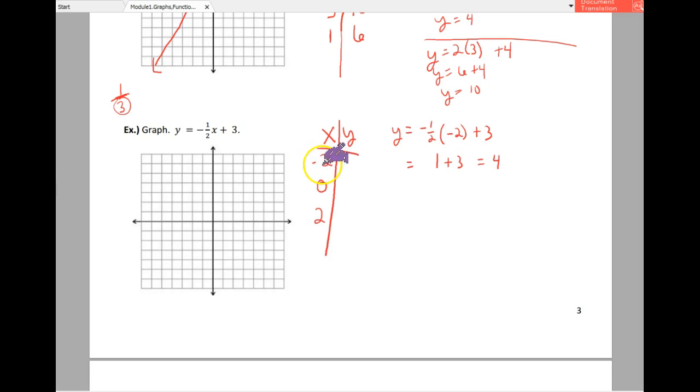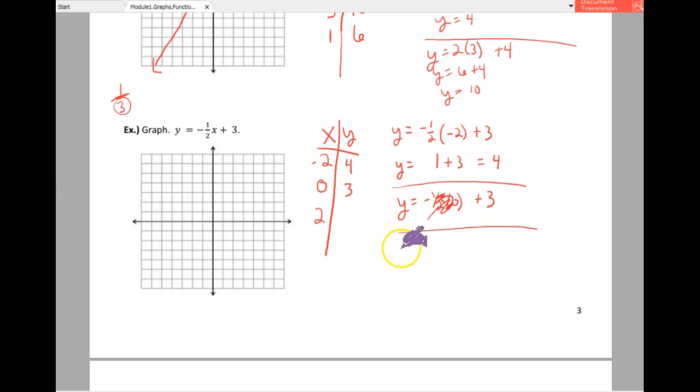So I get the coordinate -2, 4. Because that was my y that we just found. Same thing with 0. -1/2 times 0 plus 3. 0 times anything is 0. So y equals +3.